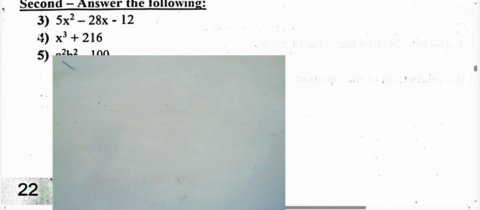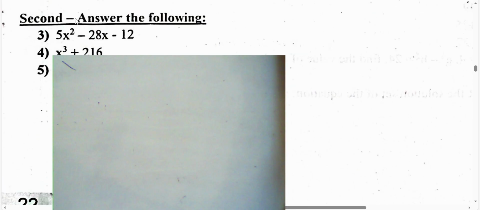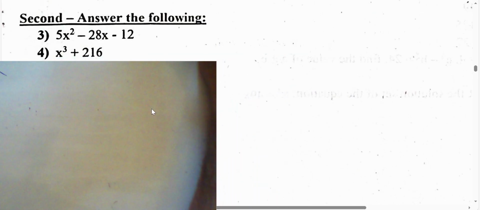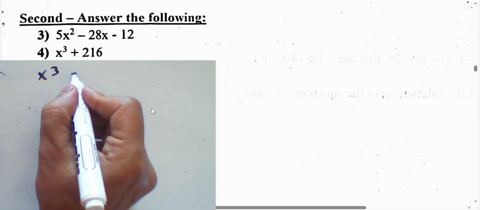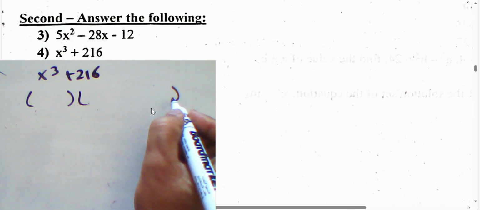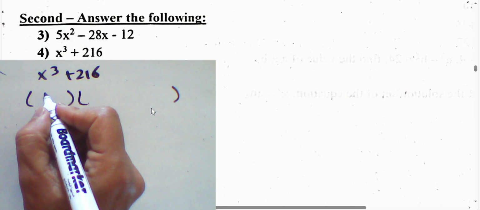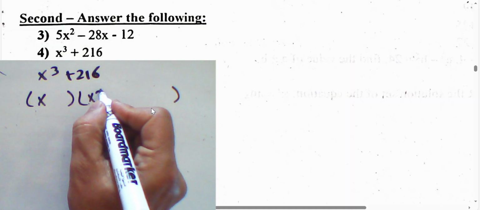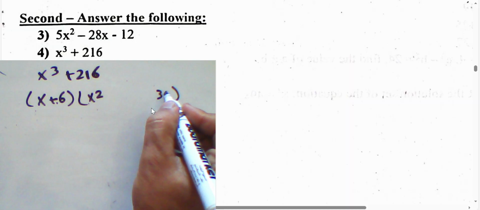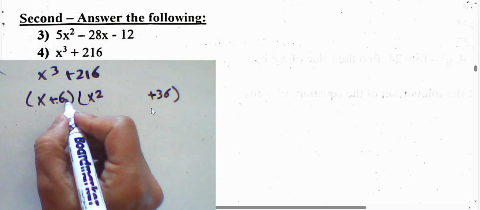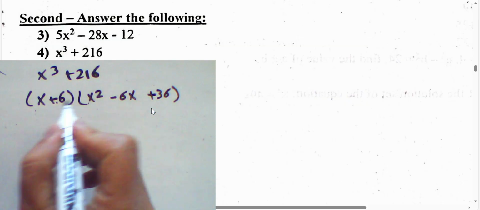Number 4, x³ + 216. We can open small and greater brackets. The cubic root of x³ is x, then x², the cubic root of 216 equals 6, 6² equals 36, positive, and the middle negative 6x.